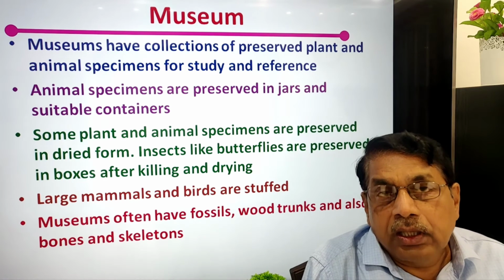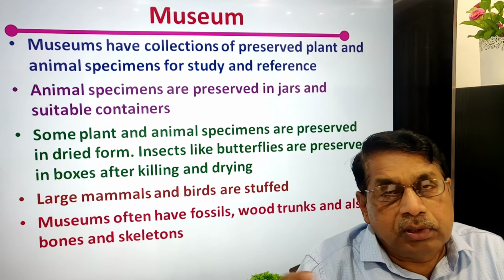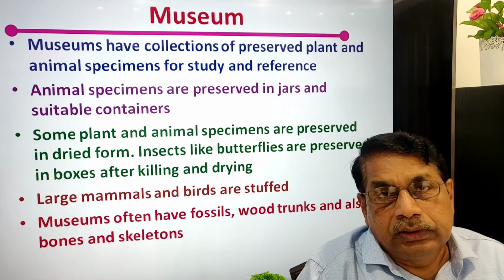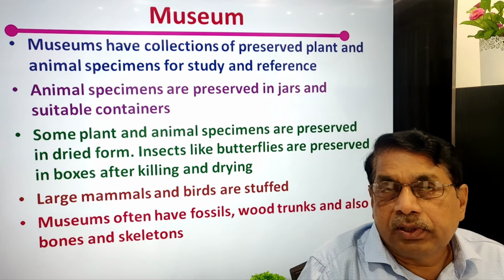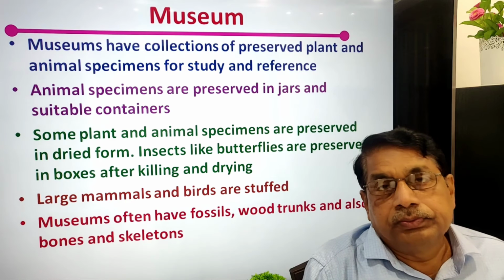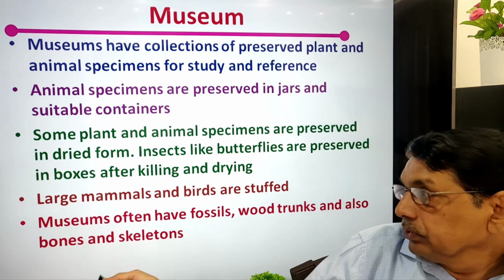The animal is killed, all viscera, internal parts are removed, and it is stuffed with cotton or some hay. External features are maintained, skin and all other parts. Similarly, in birds, internal parts are removed, and they are stuffed.